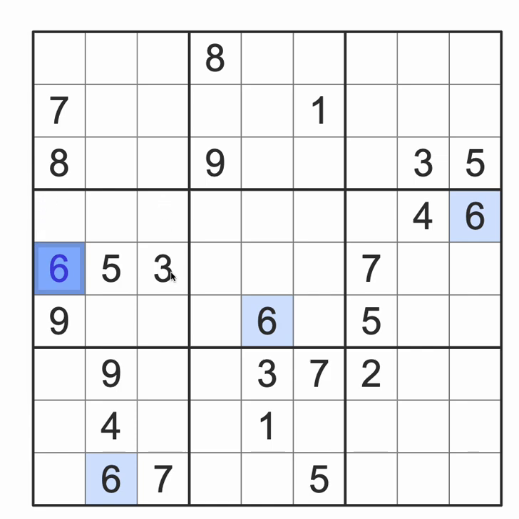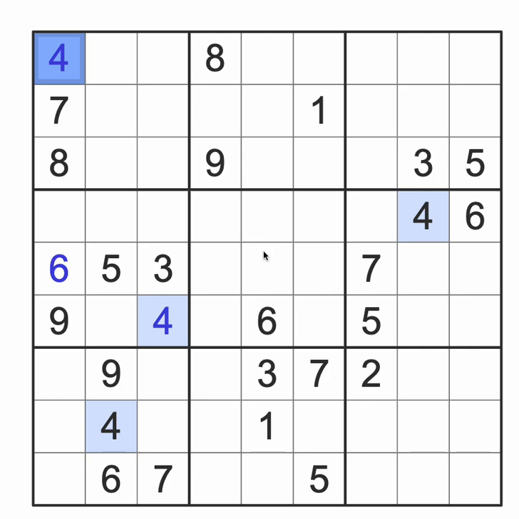And now I can place 4 in box 4 because this 4 blocks these, and this 4 in box 7 blocks this cell, gives me 4 here, and this 4 helps me locate 4 in box 1 because this 4 blocks these, and this 4 in box 7 blocks these, gives me 4 here.